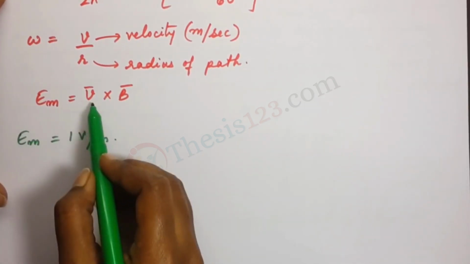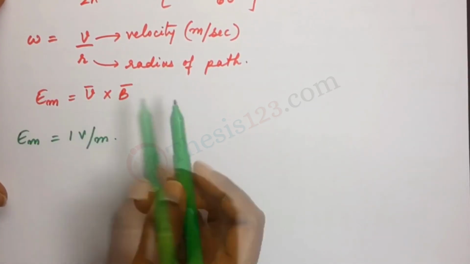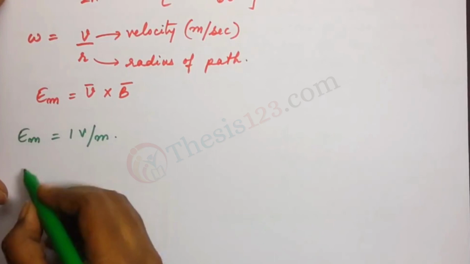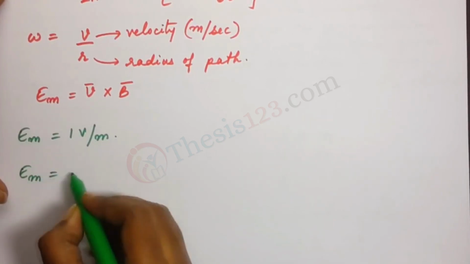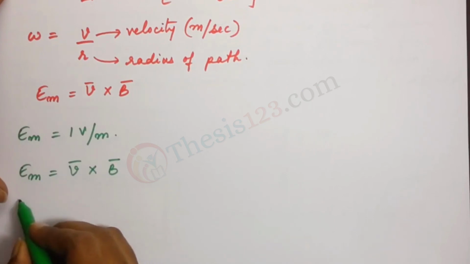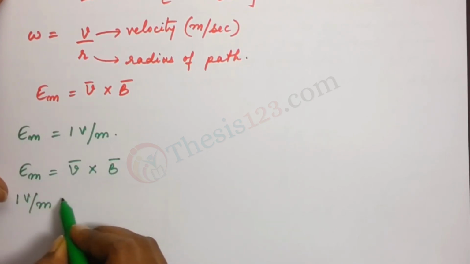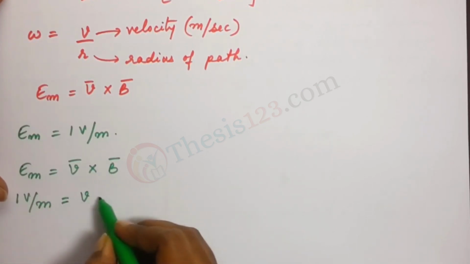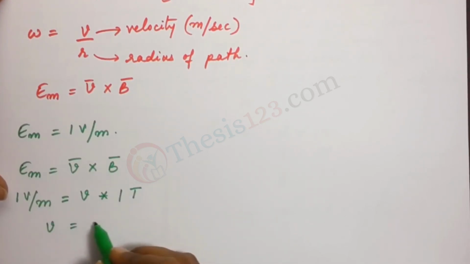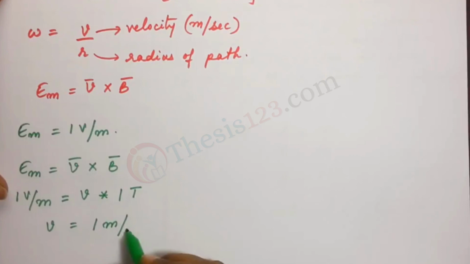So V is the radius of the path times angular velocity. So EM, I'm going to use this now here, okay? So EM is equal to V bar into B bar, right? So this is 1 volt per meter is equal to V into 1 Tesla. So V is equal to 1 meter per second.